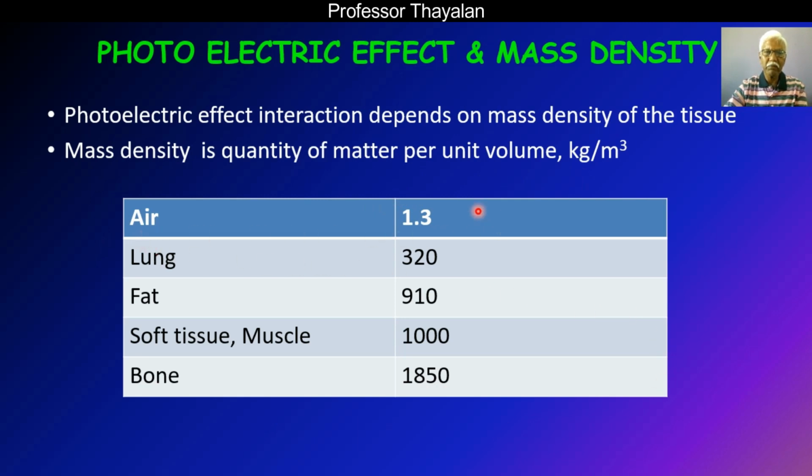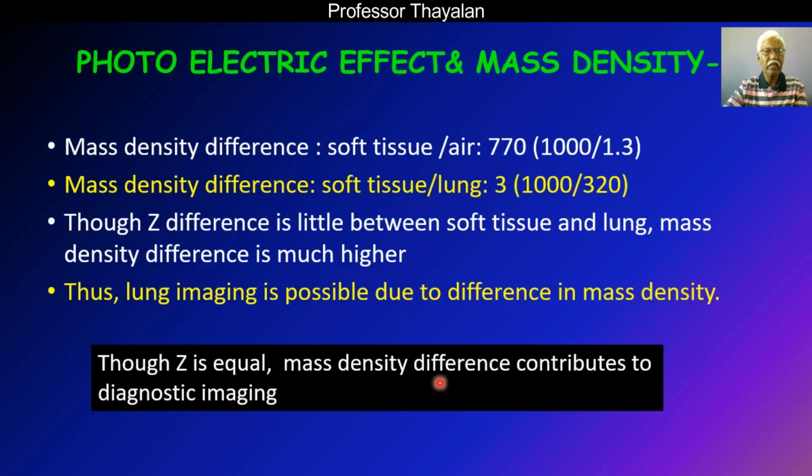For air, the mass density is 1.3 kilograms per meter cubed, lung 320, fat 910, soft tissue muscle 1000, bone 1850. Let us take the ratio of the mass density of soft tissue and air. It is 1000 divided by 1.3, around 77.